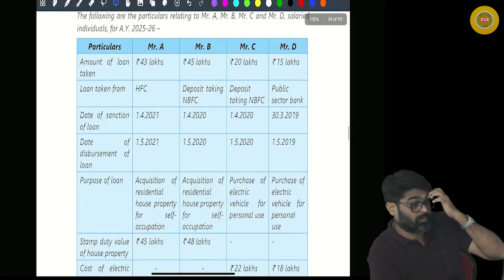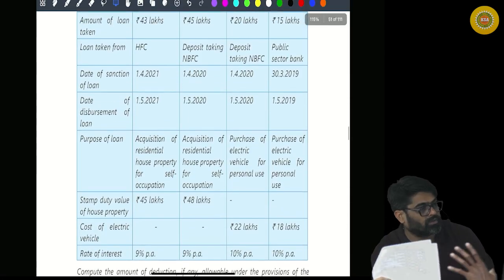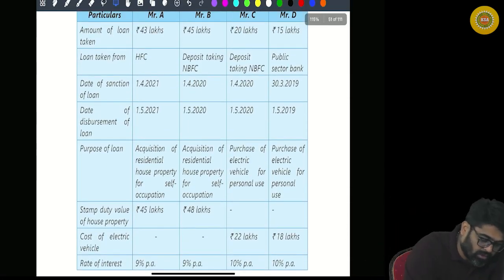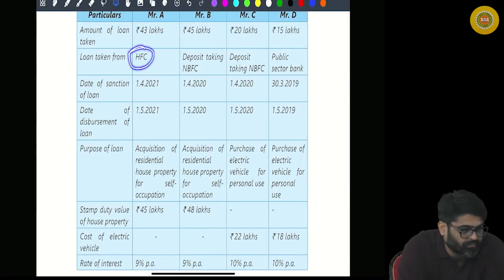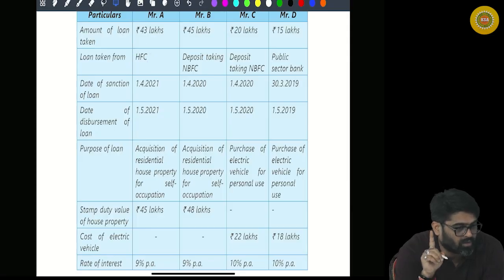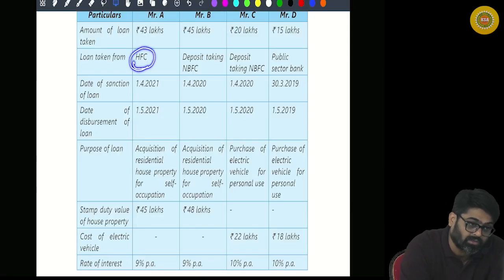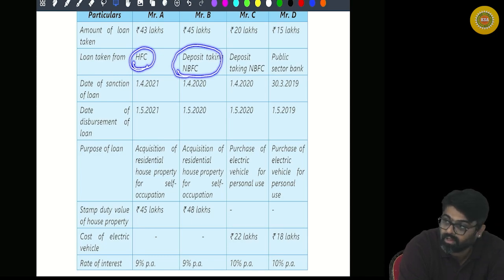Now pay attention. First loan was taken from a housing finance company. Allowed or not allowed? Loan can be taken from any bank or a housing finance company. Loan from housing finance company is allowed. Loan to purchase a house is not allowed from deposit taking NBFC.